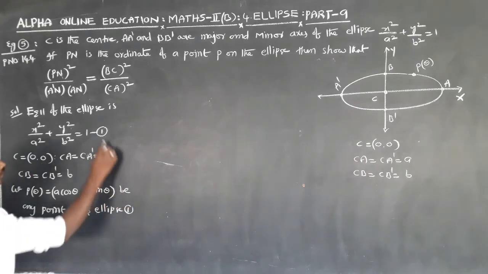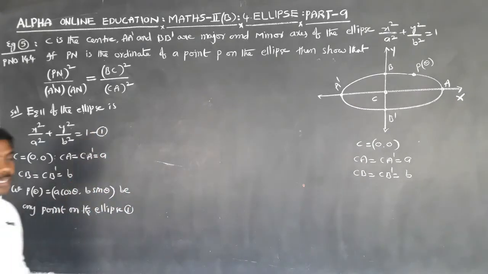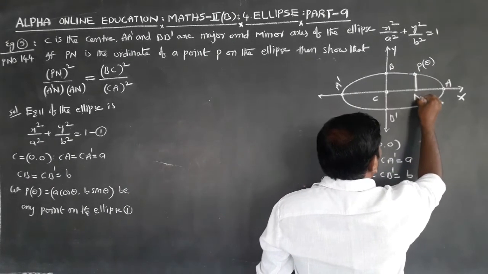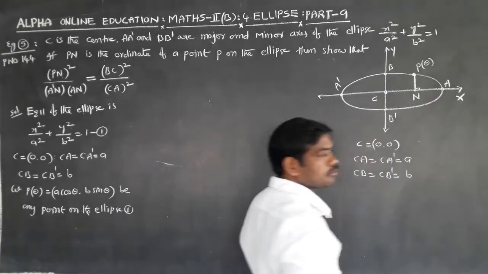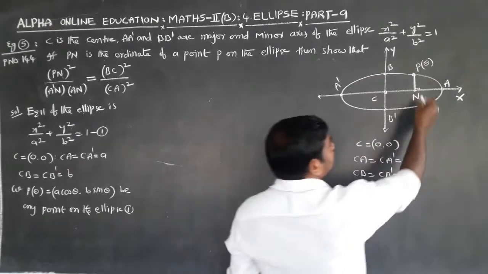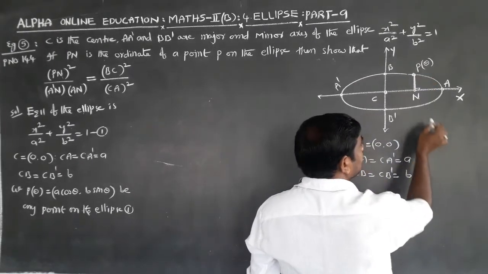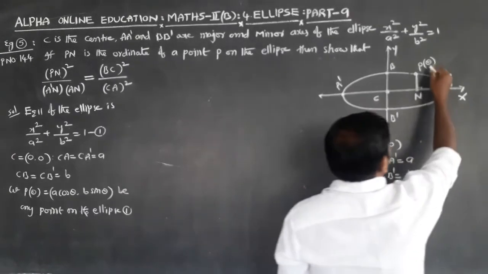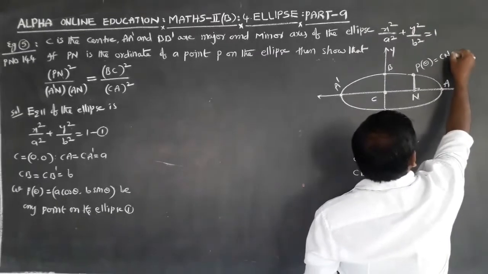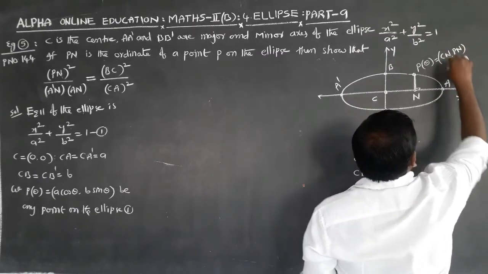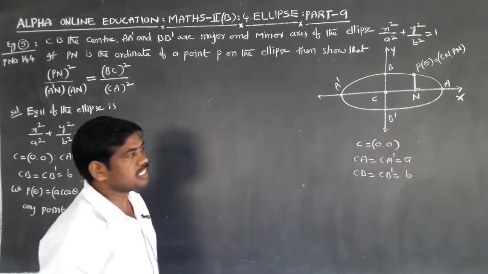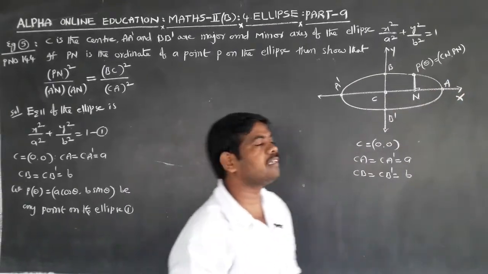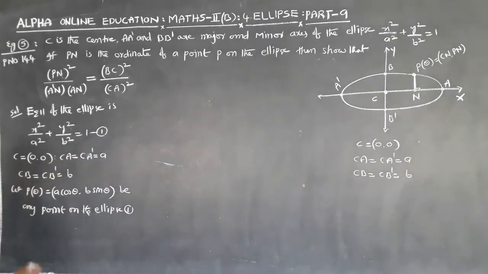Here PN is the ordinate, a perpendicular line drawn from P to the major axis. Here PN is the ordinate, CN is the abscissa. So P(θ) = (CN, PN). CN is the abscissa, PN is the ordinate of the point P.